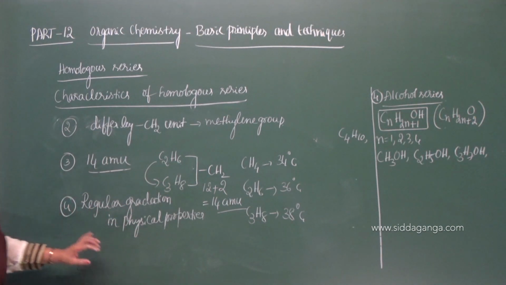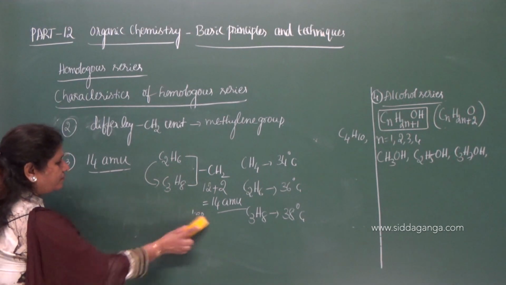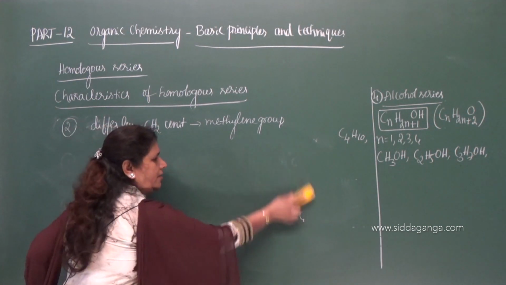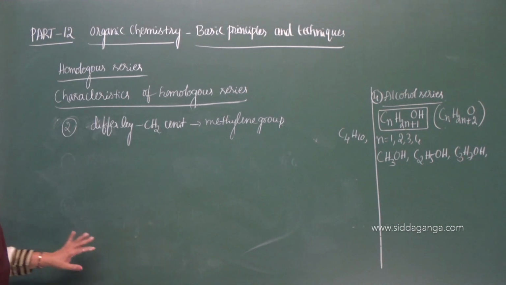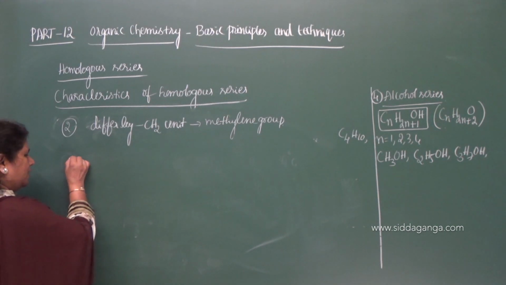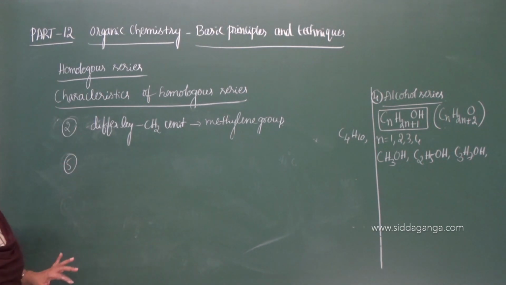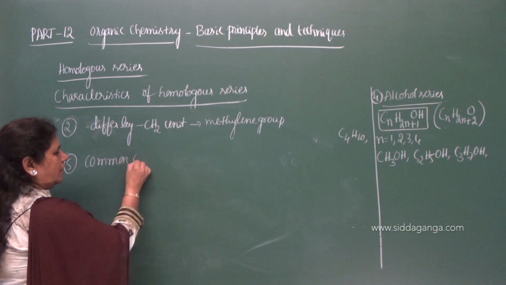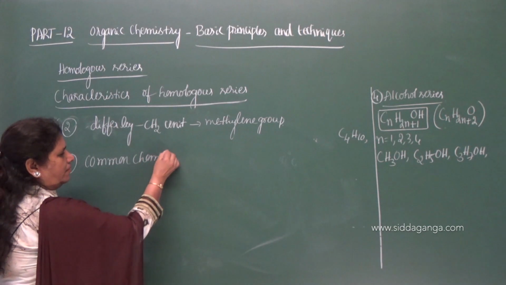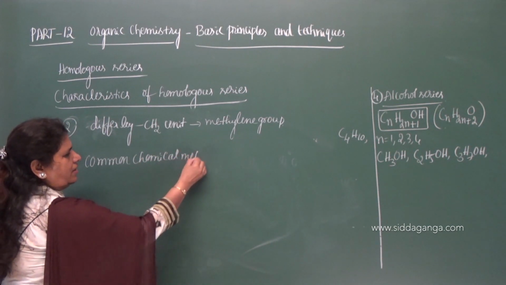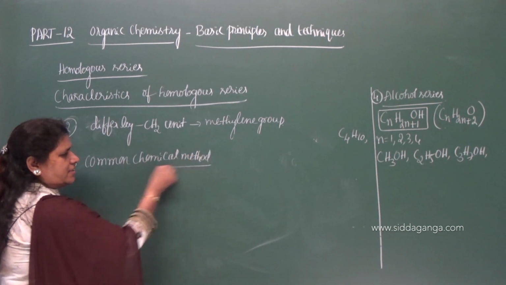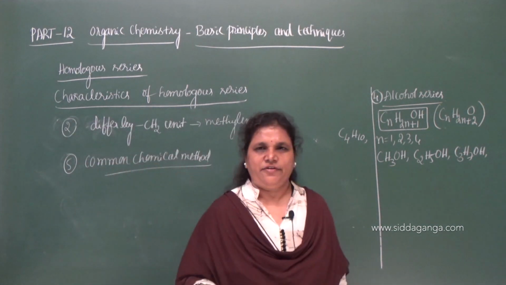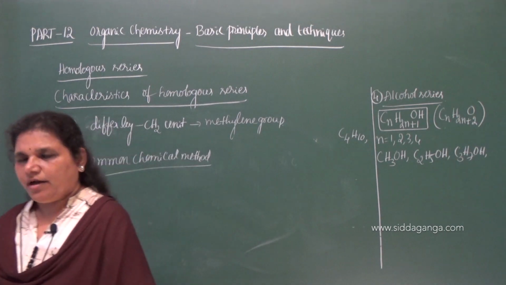Next, the fifth one: all the members of a series are prepared by using a common chemical method. To prepare the members of a homologous series, we use a common chemical method, or similar chemical methods. For example, how to prepare alkanes?